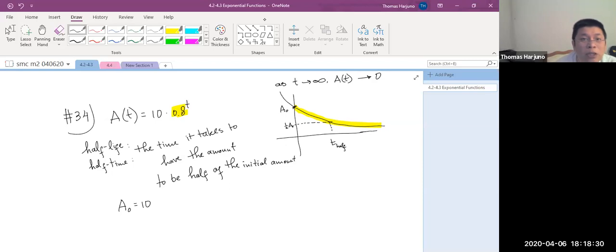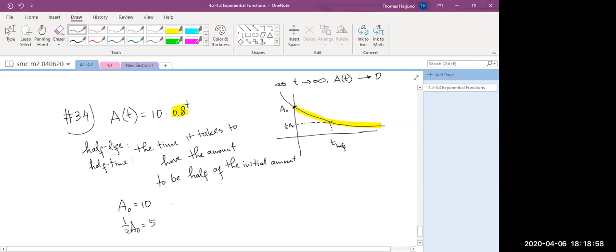Okay. So I use the function again, at number 34: A equals 10 times 0.8 to the t. Half-life, or half-time, is the time it takes to have half of the initial amount. So if the initial amount is 10, then what is the half amount? 5.